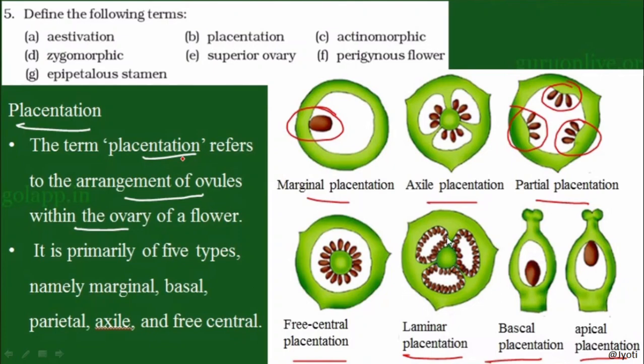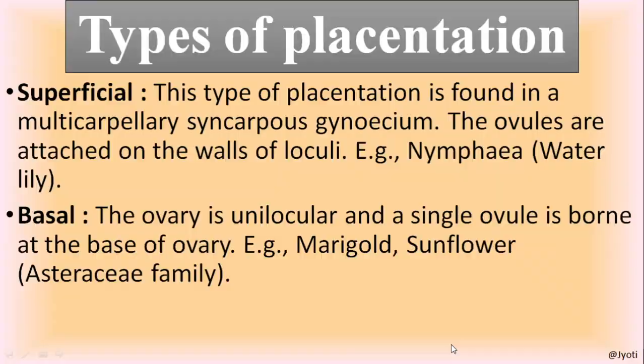Here 3 carpels are present which are fused. 3 locules are present, but the ovules are attached to the wall of the locule. So these are the chambers, and to the walls of the chambers these ovules are attached. So this is called superficial or laminar placentation.